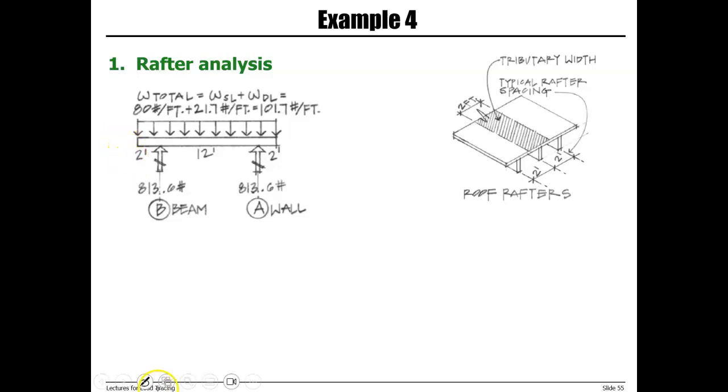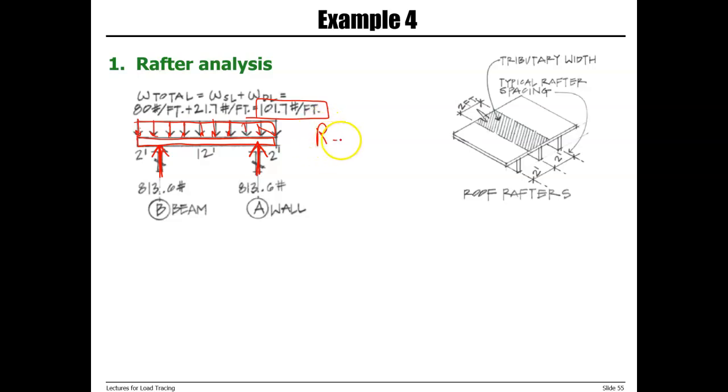So we have a rafter, and we just calculated the load on the rafter as 101.7 PLF. The rafter on one side is sitting on a beam and the other side sitting on a bearing wall. This is a symmetric system.